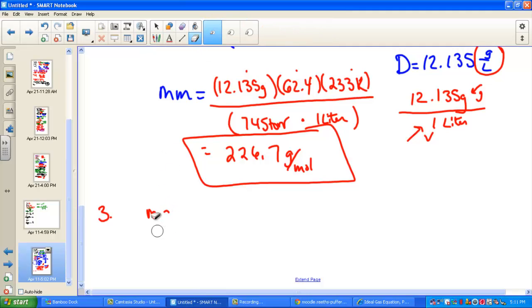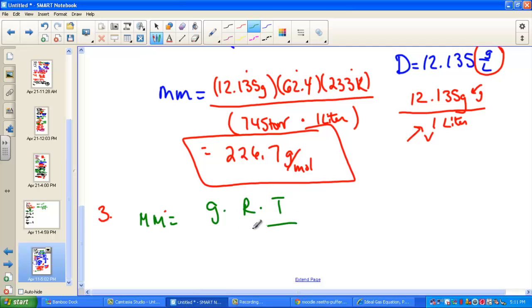Go to work with our formula. Molar mass of our gas is G times R times T over the product of P and V. Let's plug it in. The mass was 5.723 grams.